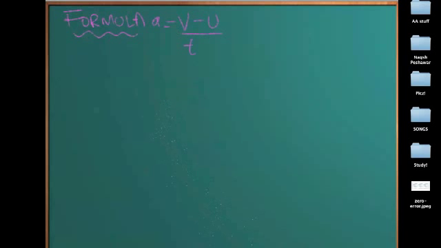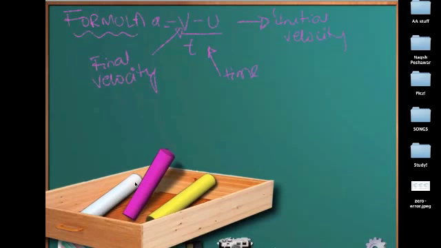Now the v here means the final velocity of the object. u means the initial velocity, and obviously t means the time. Okay, so just understand this.